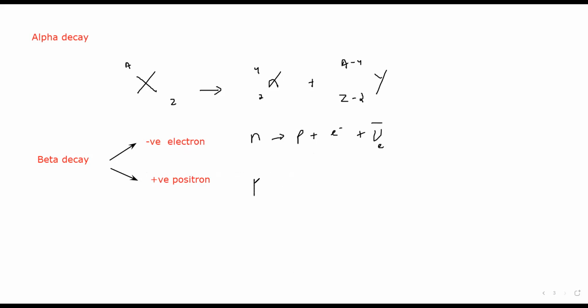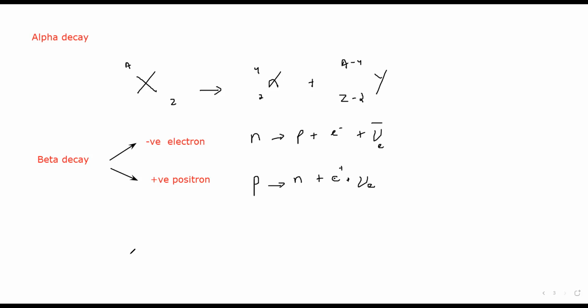But in a positive beta decay, what happens? A proton breaks down into a neutron, a positron, and an electron neutrino. For each lepton, the lepton number is +1, and for an anti-lepton it is -1. So the electron neutrino and anti-electron neutrino are there to conserve the lepton number.